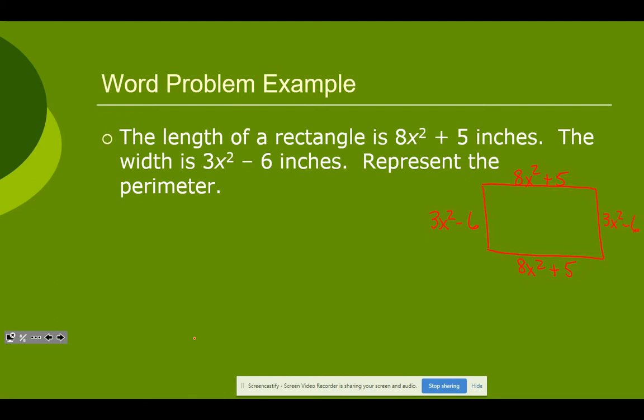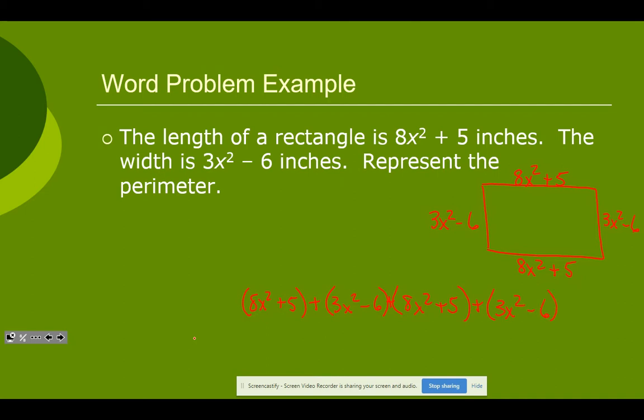So what we should be doing here is now adding all of these up. So 8x squared plus 5 plus 3x squared minus 6 plus 8x squared plus 5 plus 3x squared minus 6.